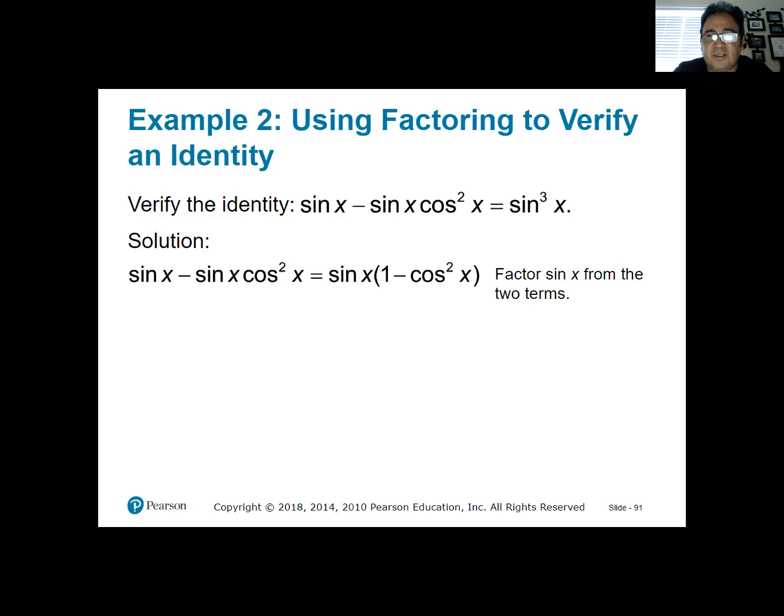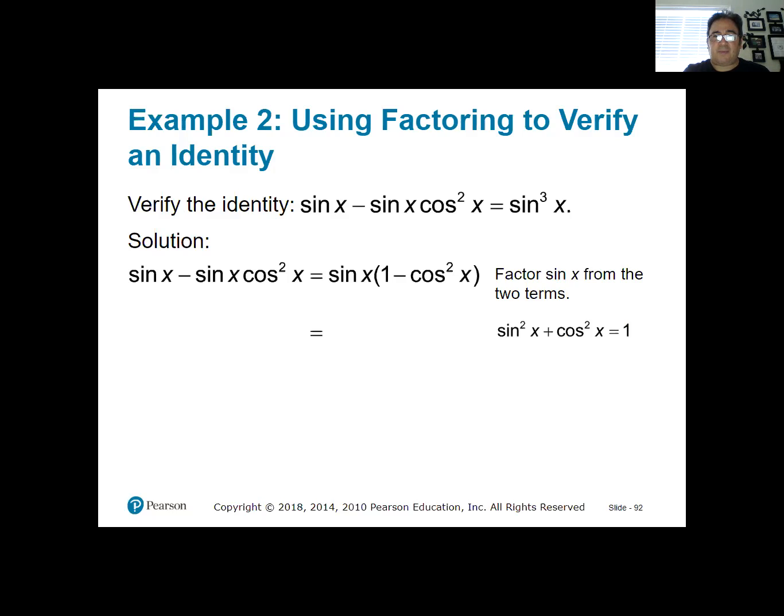Now, this looks different. I don't know that it looks simpler, but it definitely looks different, right? So let's take a look at that 1 minus cosine squared of x. I don't remember that being one of the identities. However, if you think of your first Pythagorean identity that we discussed today, it was sine squared of x plus cosine squared of x equals 1, right?